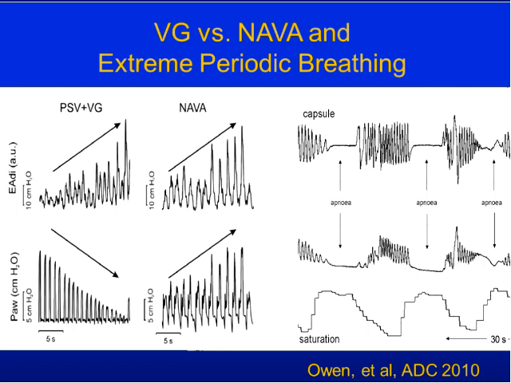So here we have a comparison between this novel mode of support known as NAVA, or Neurally Adjusted Ventilatory Assist, and volume guarantee. And the reason I'm showing this is they do in fact take contrasting approaches. On the left-hand side, in the upper left-hand corner, is what's labeled as electrical activity of the diaphragm that reflects, in fact, the baby's respiratory effort.